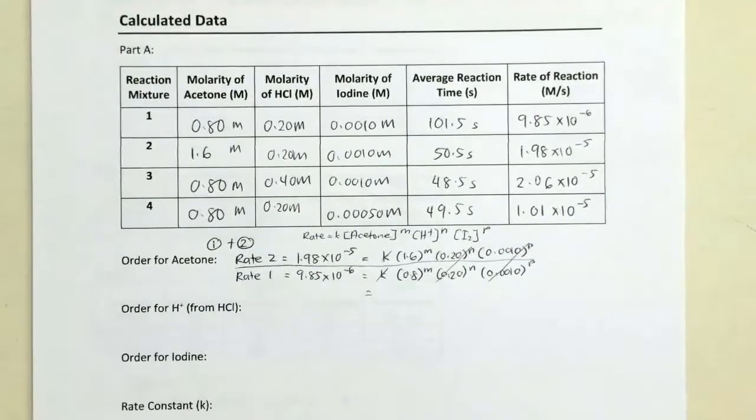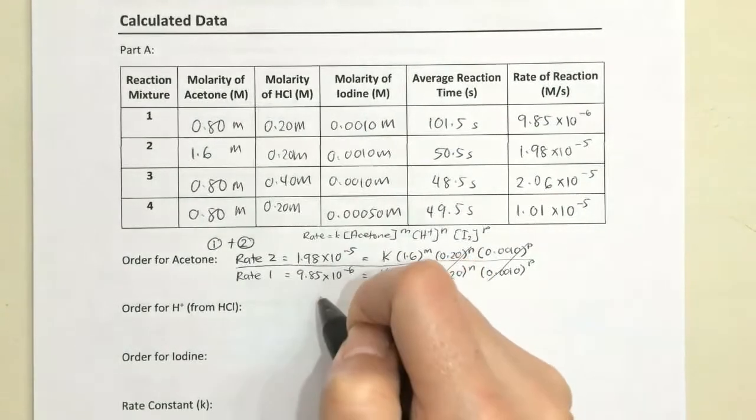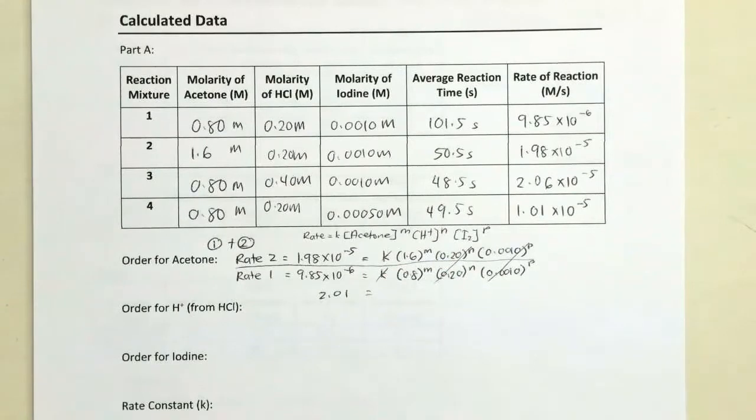So now what I end up with is 1.98 times 10 to the minus 5, and I'm going to take that and divide it by 9.85 times 10 to the minus 6. So my answer here is going to be 2.01, really close to 2, okay?